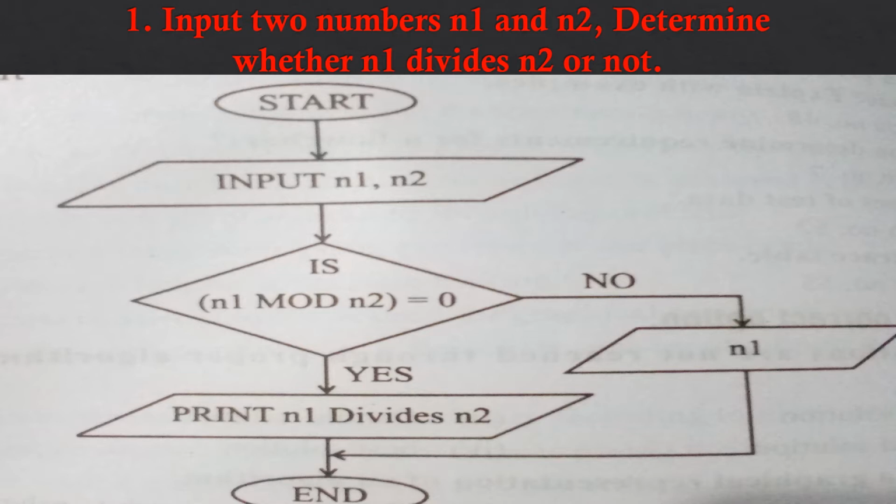First of all, using the oval symbol, start the flow chart, and then a parallelogram is used to input two numbers n1, n2. Next is the decision operator. It decides: is n1 mod n2 equal to 0? If the remainder is equal to 0, then it will print n1 divides n2. Otherwise, it will display no, and the flow chart will end.